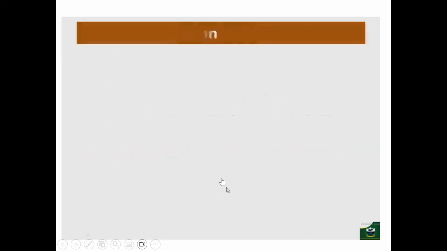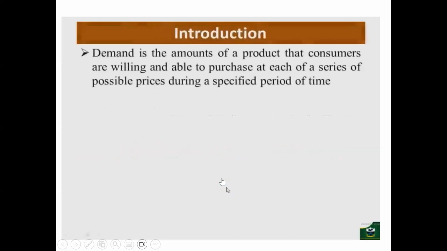Okay, so let's start by defining demand. So demand is the amount of a product that consumers are willing and able to purchase at each of a series of possible prices during a specified period of time. Now, you will notice that when we are defining demand, number one, we are looking at a series of prices.